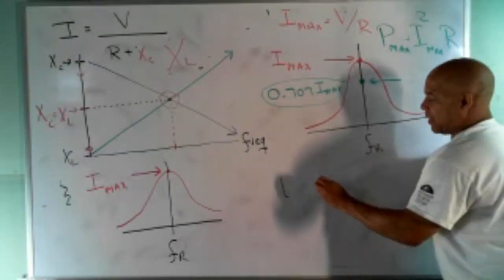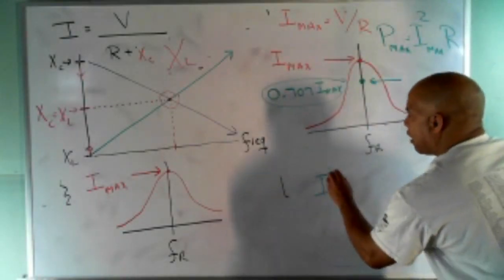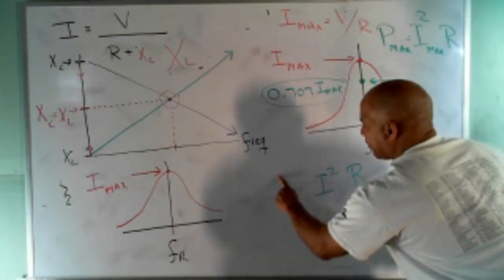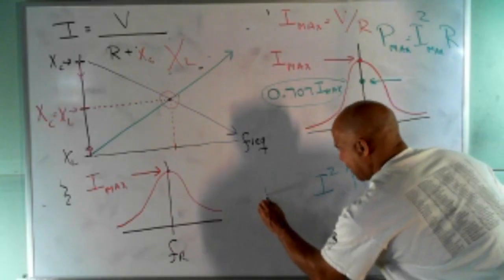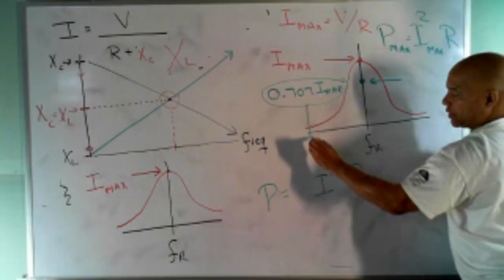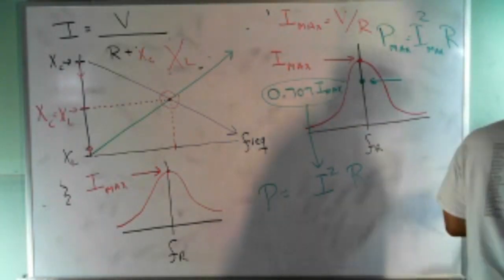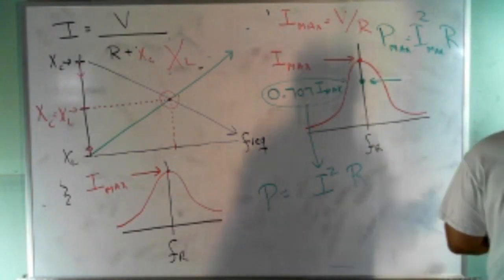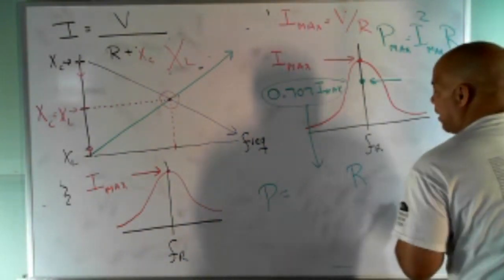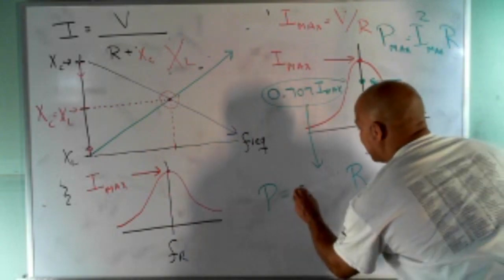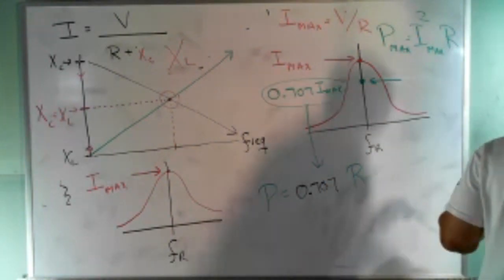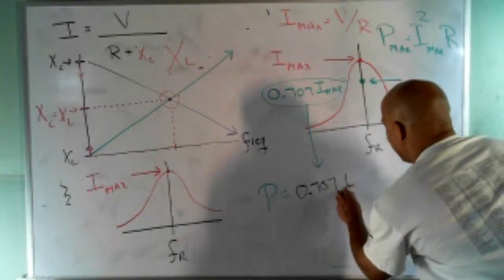So Watt's law says if I take the current, square it, and multiply it times the resistance, what I get is power. Well, here's the current. So if I substitute for I, I is 0.707 times I max.